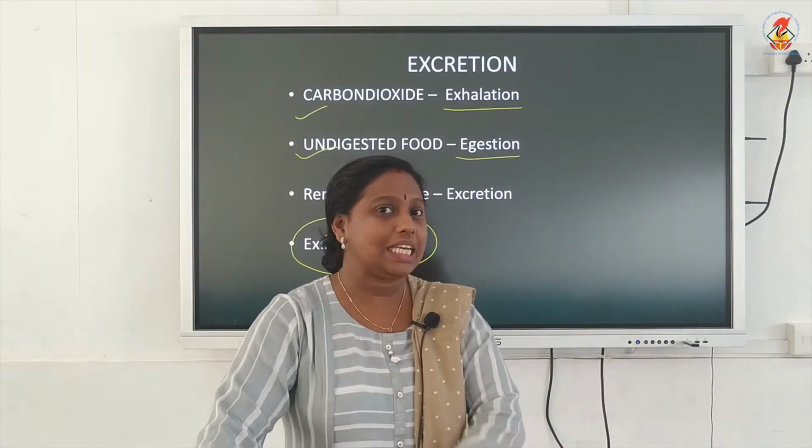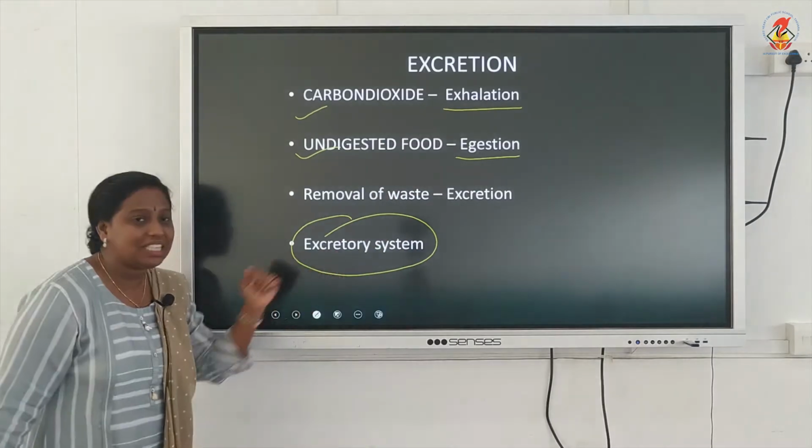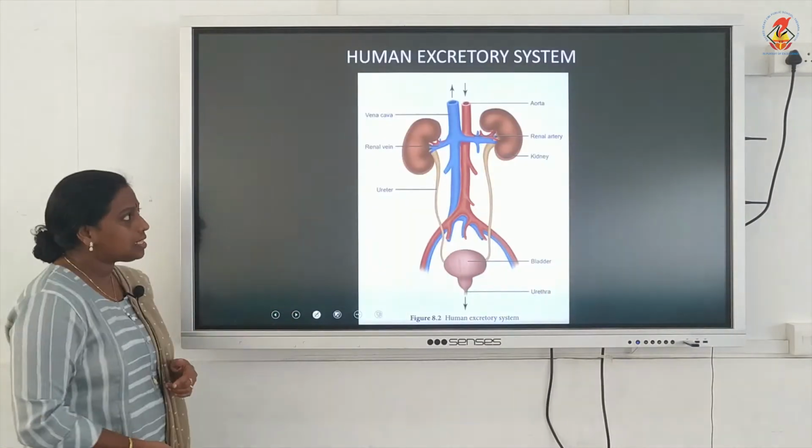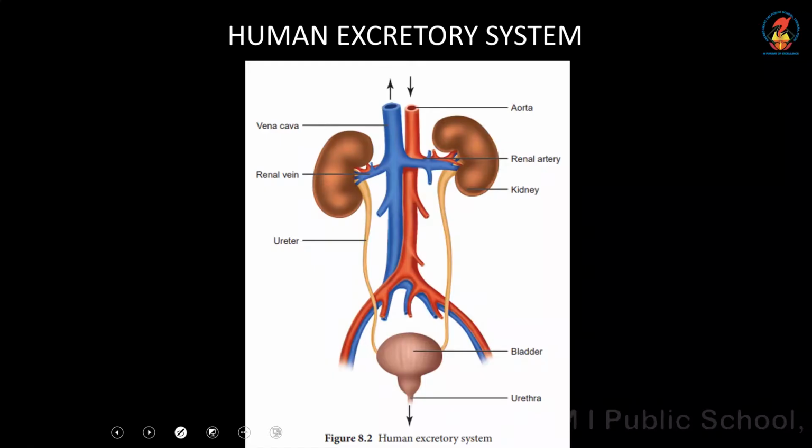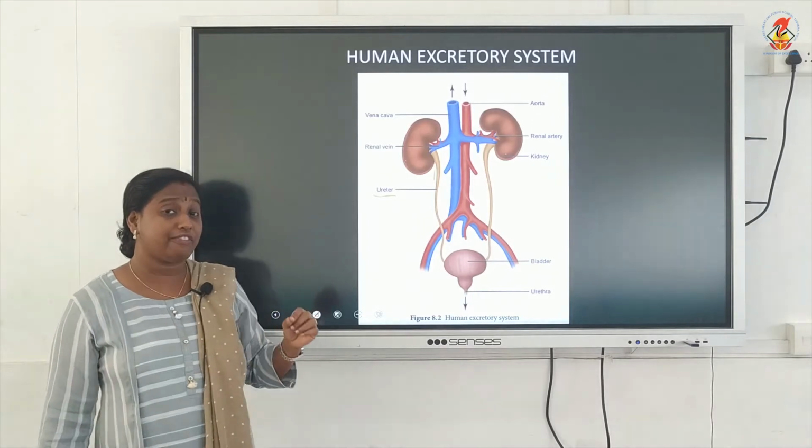Now we will study in detail about the excretory system in human beings. See this diagram? This is the excretory system of human beings. The excretory system consists of a pair of kidneys. You can see two kidneys, a pair of kidneys. The tubes starting from the kidney are called the ureters.